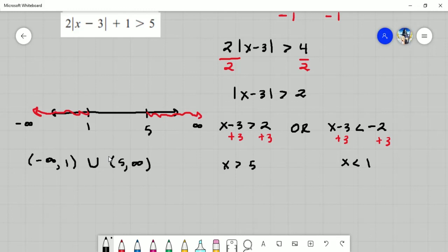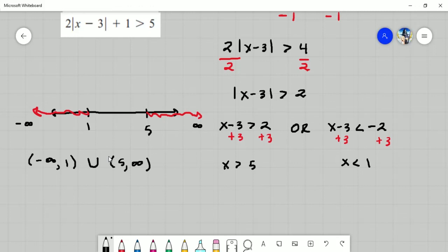And notice how I have parentheses all around earlier, because as I said, the 1 and the 5 are not included into the solutions because it's just a greater than problem and not a greater than or equal to problem. So they are not included in our solutions. So you use parentheses whenever a value is not included and brackets when the value is included.